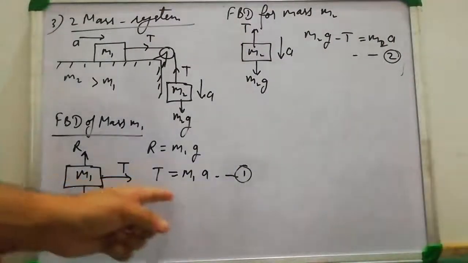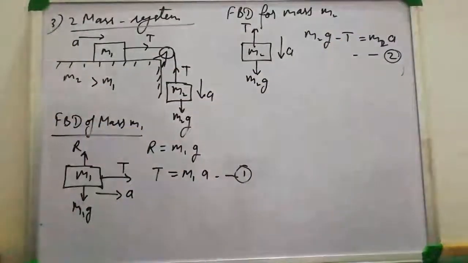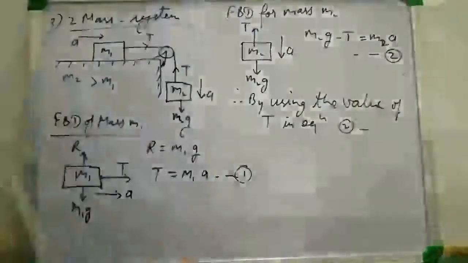Now we have the value T is equal to m1a. We can put this value of T in equation 2. What will we get? We will get m2g minus m1a is equal to m2a.